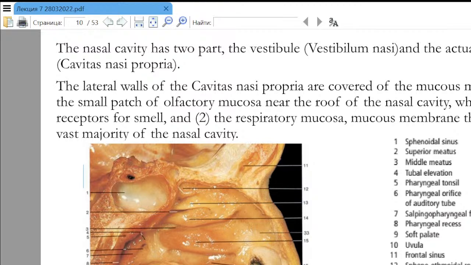Between the conchae is located the meatus. Superior meatus, middle meatus, and inferior meatus. This is the hard palate.